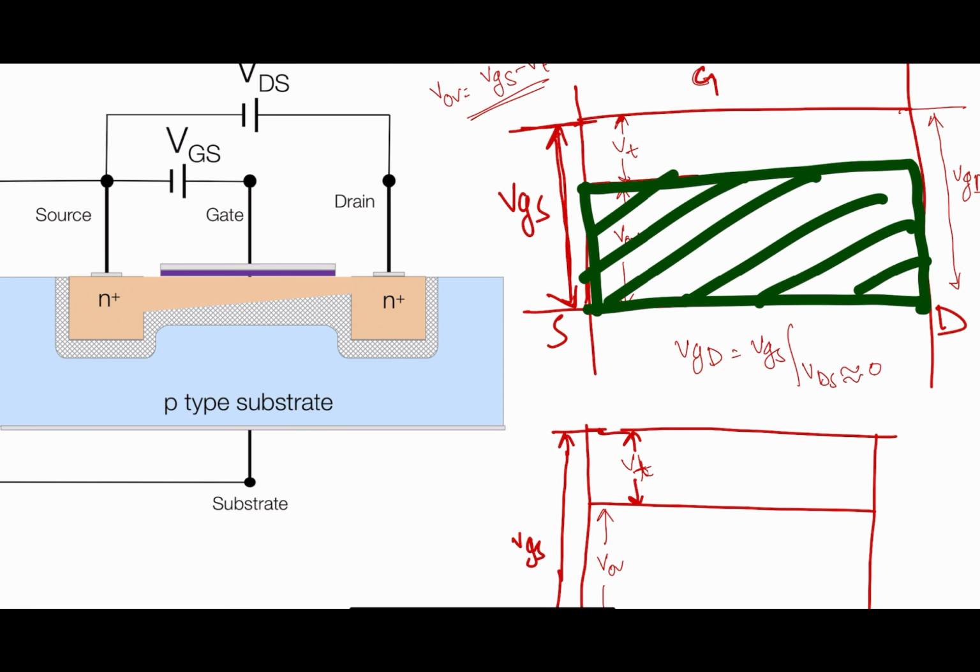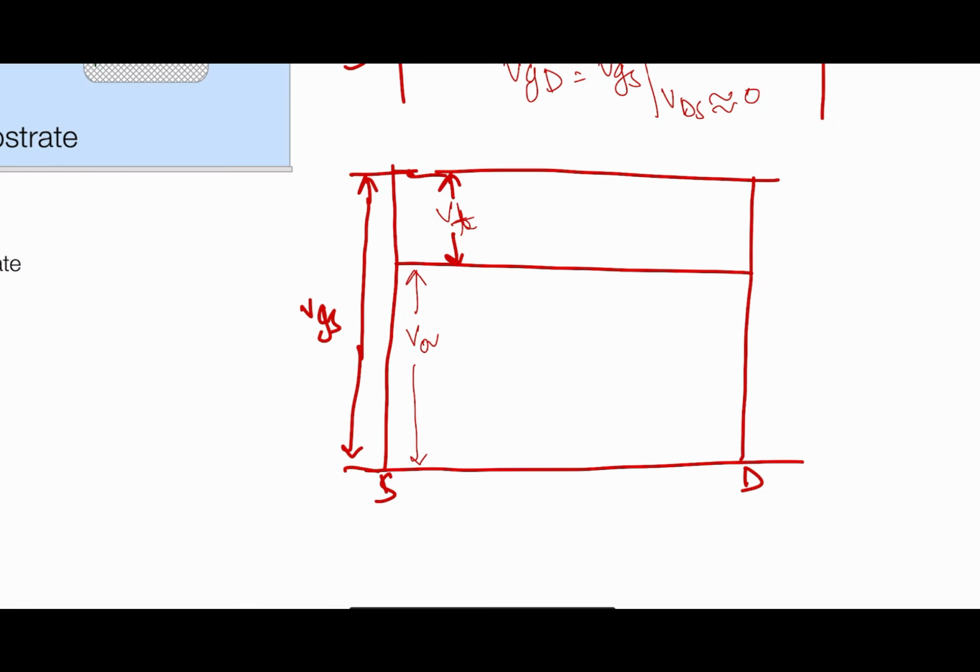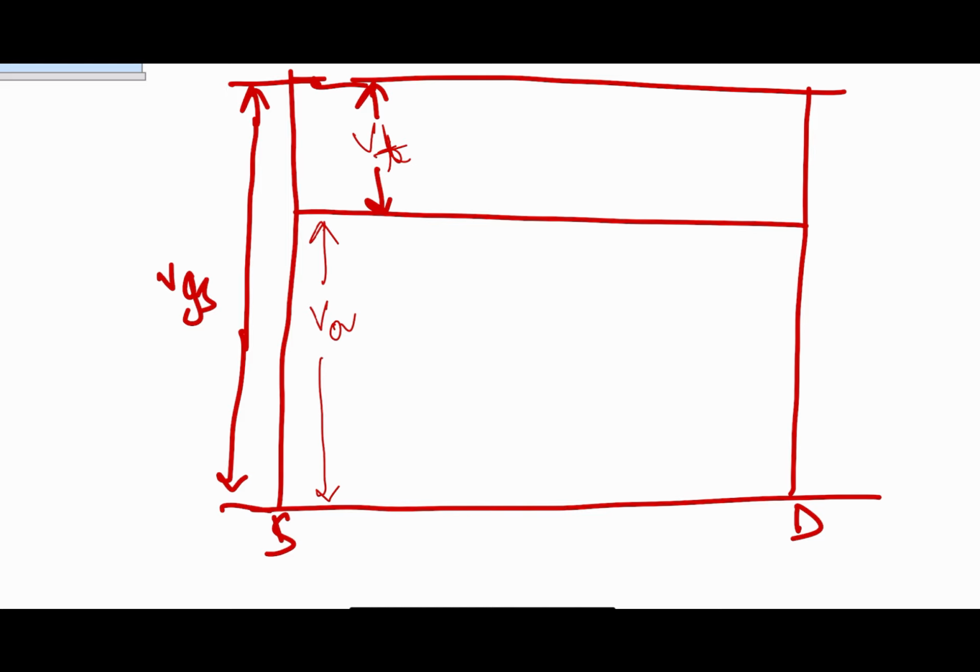You can see here, right? As we increase the VDS, what will happen? The depletion region increases, so the channel width is decreased. So I will do the similar thing here. This is the new channel when we increase the voltage. So this is the VDS. Then what will happen?